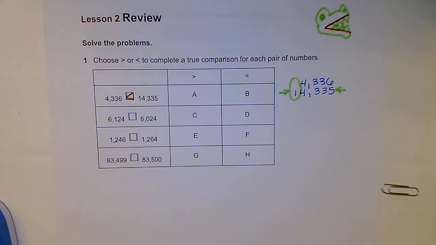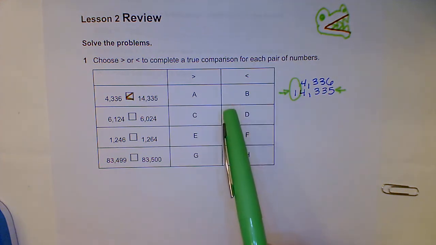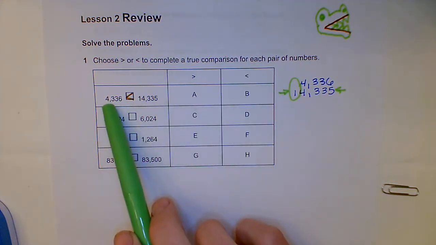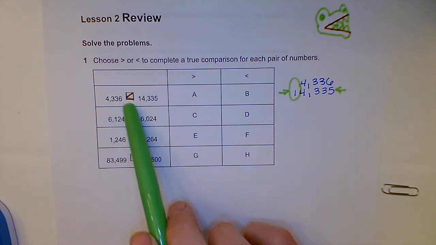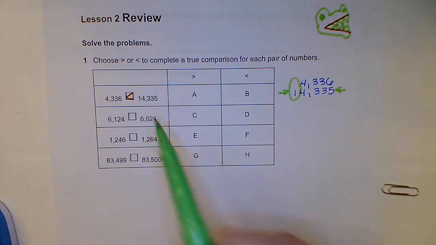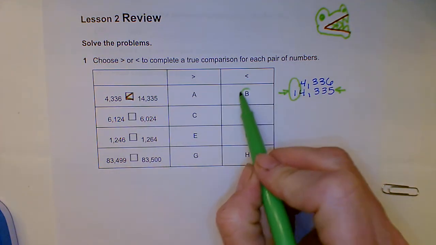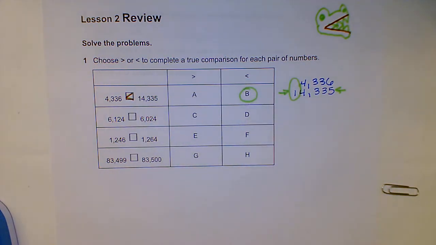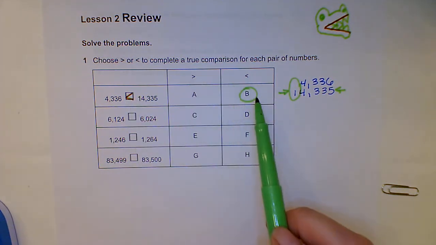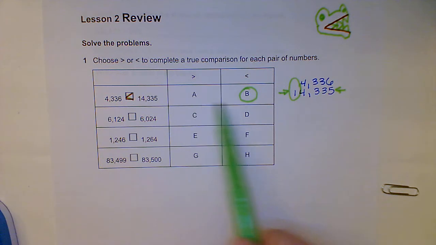I want to choose this is less than, because 4,336 is less than 14,335. This would be going in the same direction as my answer, so I'm going to circle B. So again, whatever your answer is, you want to pick the symbol that matches and then circle that letter for that row. So we'll do another one.